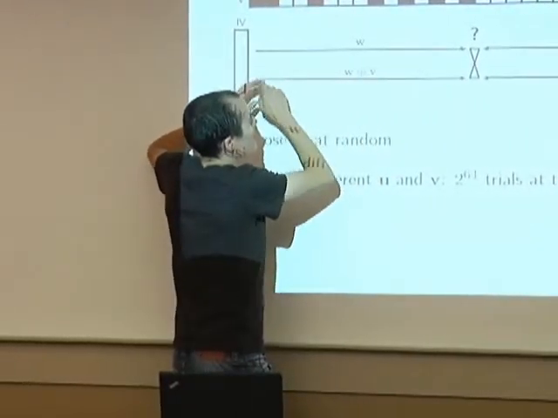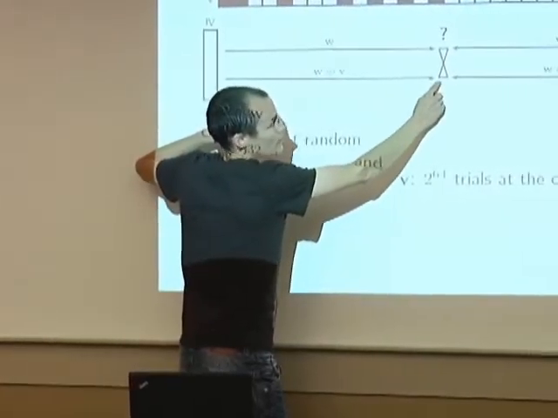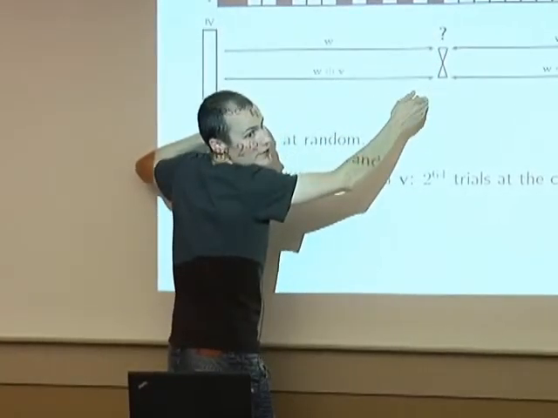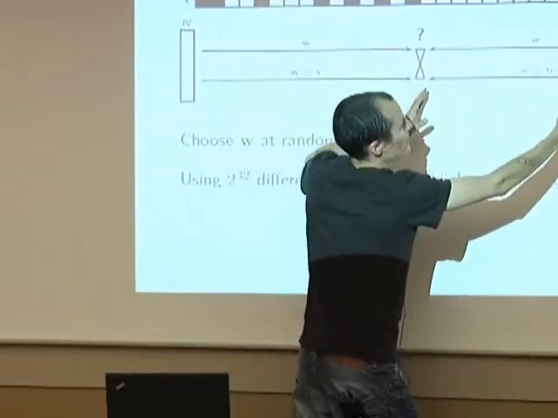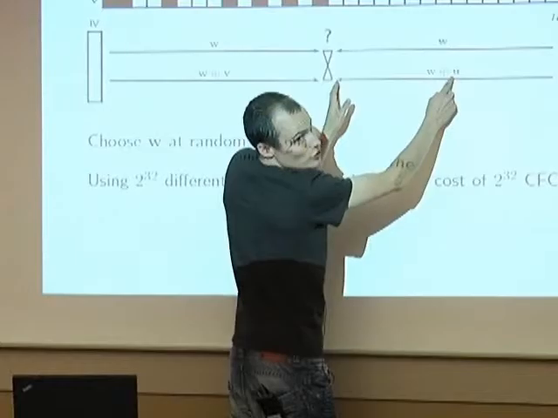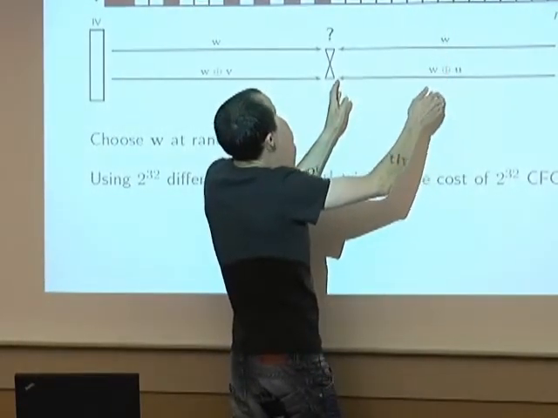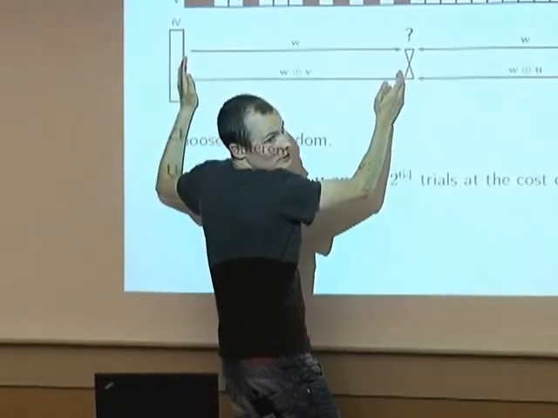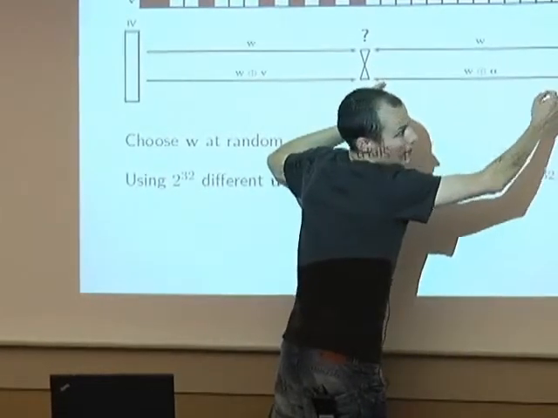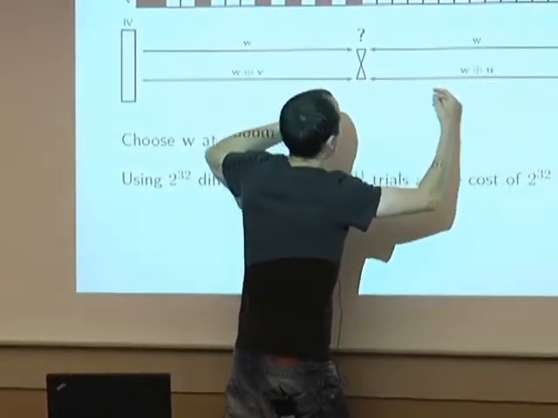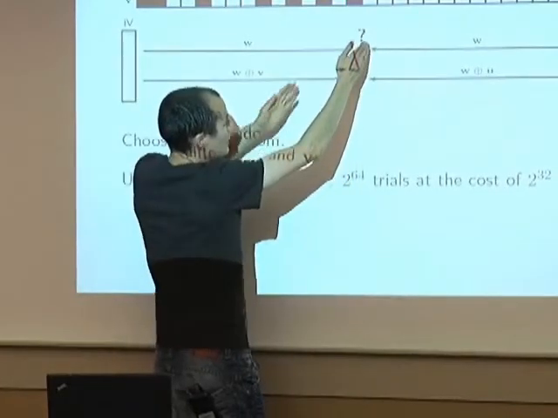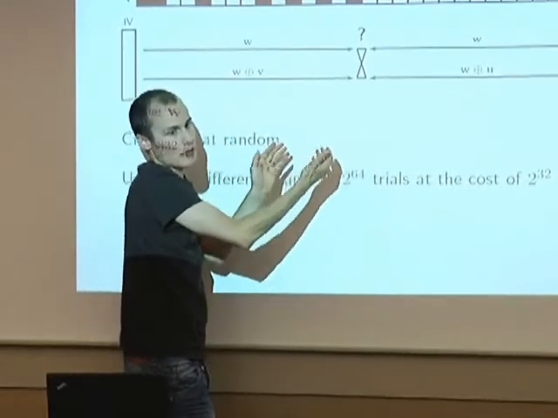And for all of them, I compute this until the middle, and I make the list here. And I do the same thing from this part, but just with the difference pattern U. So the messages I get in this part, they are all the same in this part, and they only vary here. And I make all these computations, and then I look if in the two lists I get a match.